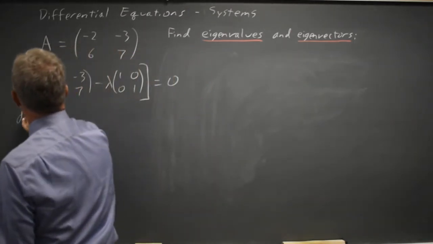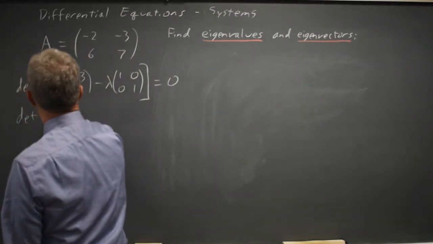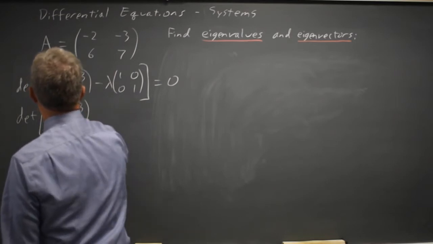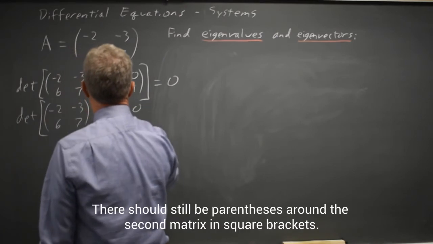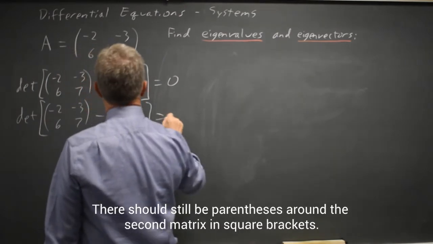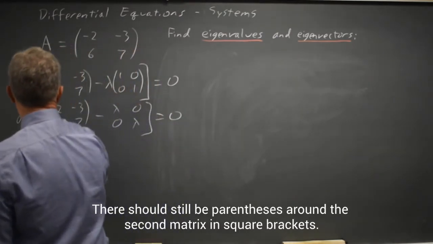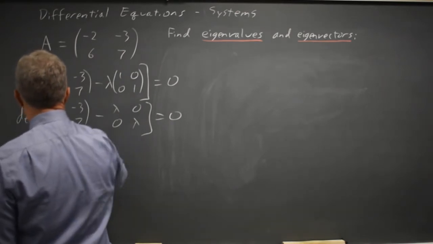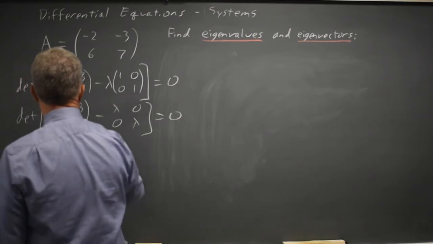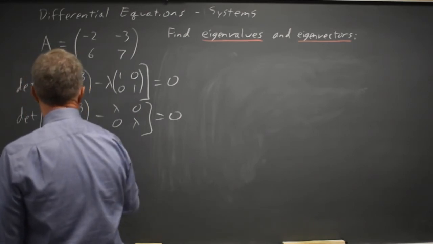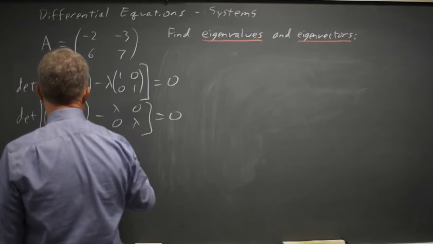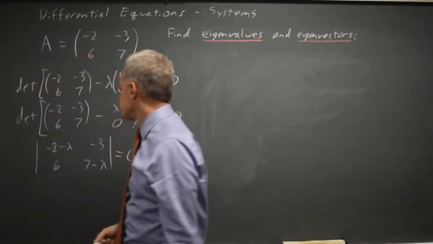So that's the determinant of -2, -3, 6, 7 minus lambda 0, 0, lambda equals 0. And it can be written much more concisely as -2 minus lambda, -3, 6, 7 minus lambda equals 0.